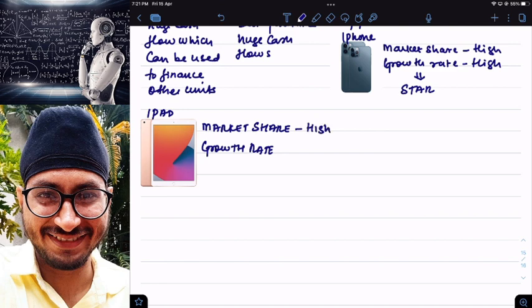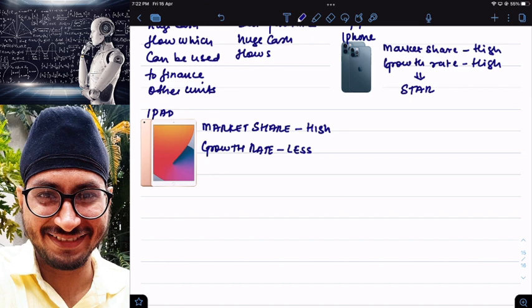But sir, the problem is that mobile phone screens are increasing continuously, slowly expanding. Because of which, according to you, is the future of the tablet industry very high or very less? Growth rate is very less. Clear? Today, the market share of Apple in the tablet industry is very high.